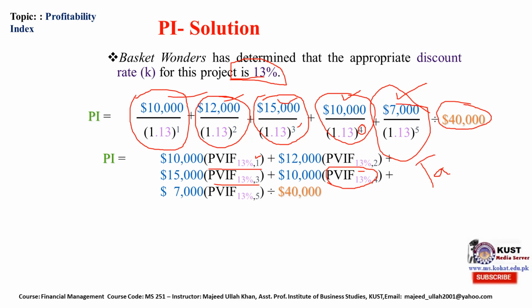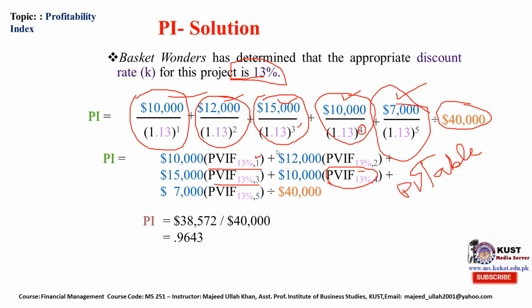The present value table consists of rows and columns. Rows are represented by percentage while columns are represented by years. This was already discussed in earlier classes of this semester. So the present value table will be used in order to calculate the present value of these cash flows.